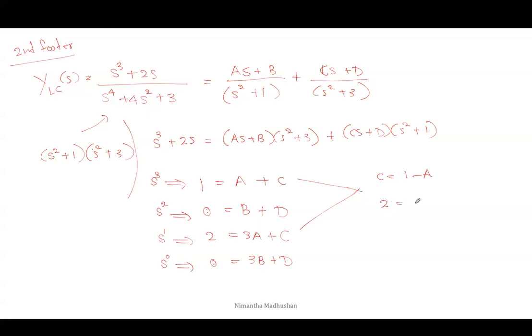Then 2 is equal to 3a plus 1 minus a. 1 is equal to 2a. Then the value of a is equal to half. And also c is equal to half. Then from these two, we can obtain the value of b is equal to 0 and d is equal to 0.